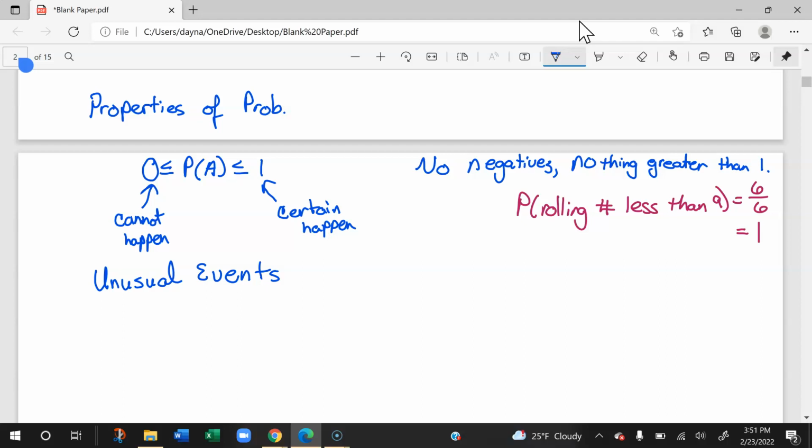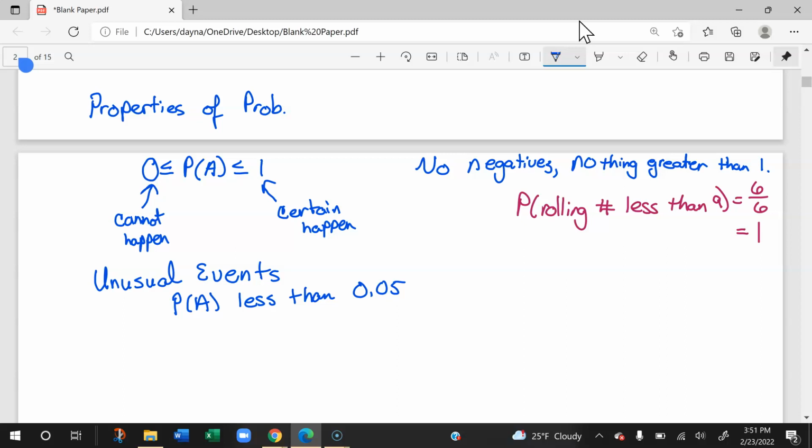There's not a hard and fast rule about this, but we're going to use anything that has a probability that is less than 0.05. So anything that has a probability less than 0.05, less than 5%, is going to be unusual.